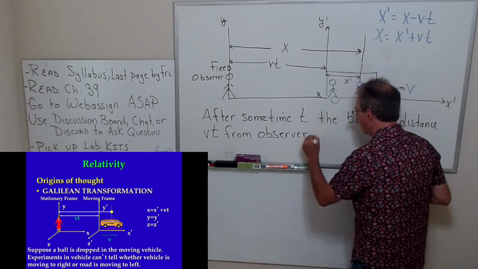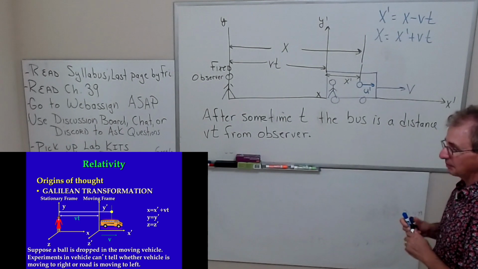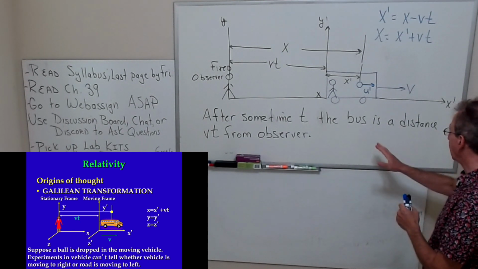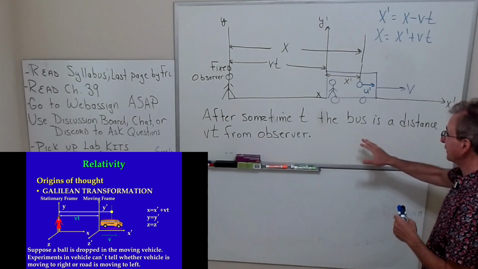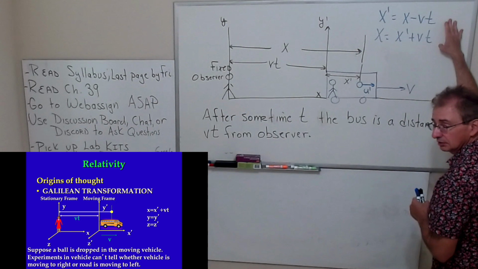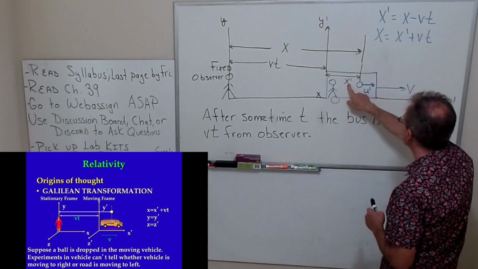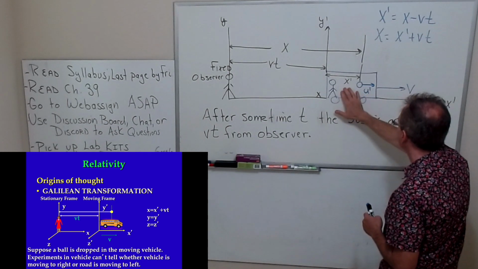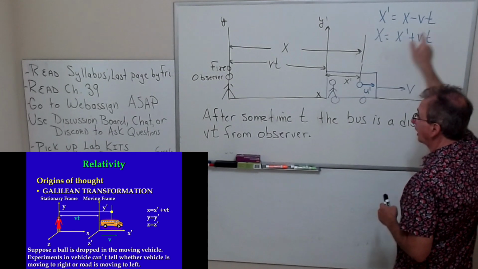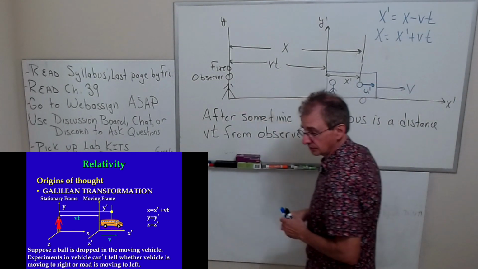By the way, if anything is hard to see or hear, just let me know right away. Okay, so after some time, the bus is a distance v times t from the observer. And we can easily deduce these equations. Isn't that true? This describes the position of this object at that instant in time in terms of what this person measures.